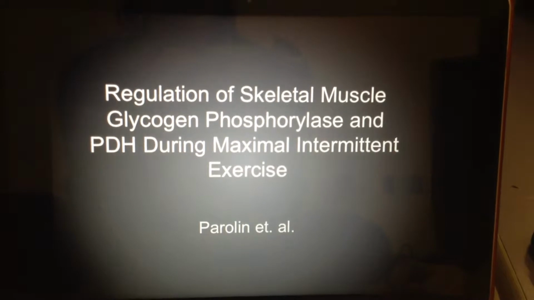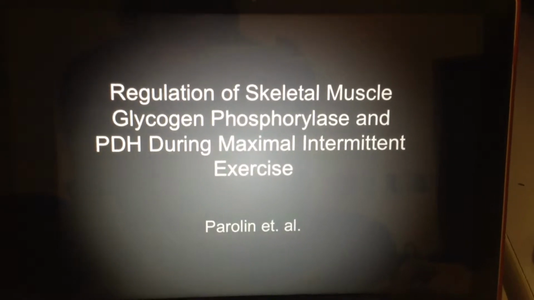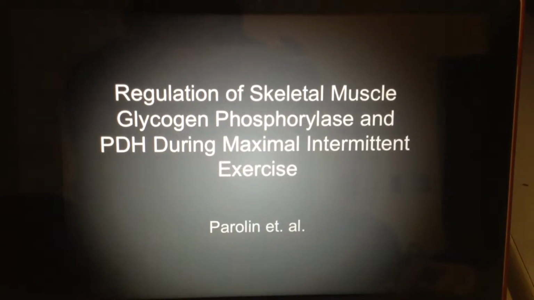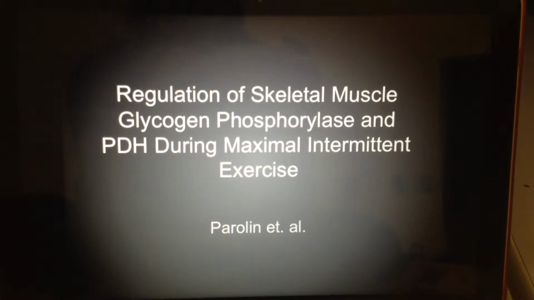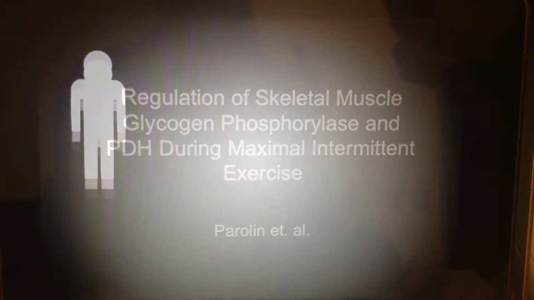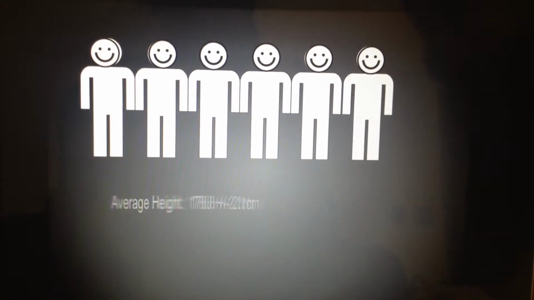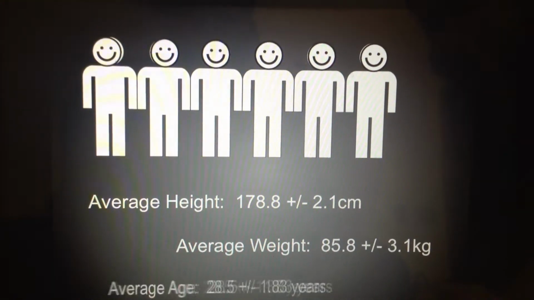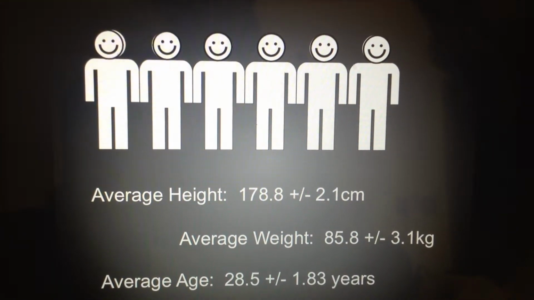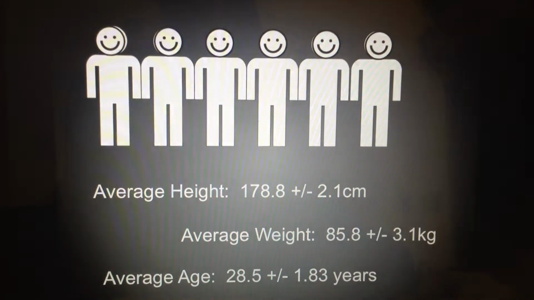The study we looked at to test our hypothesis was titled The Regulation of Skeletal Muscle Glycogen Phosphorylase and PDH During Maximal Intermittent Exercise. The study was conducted by Perlin et al. in 1999. This study looked at 6 males whose average height was 178 centimeters, average weight was 85 kilograms, and average age was 28 years.